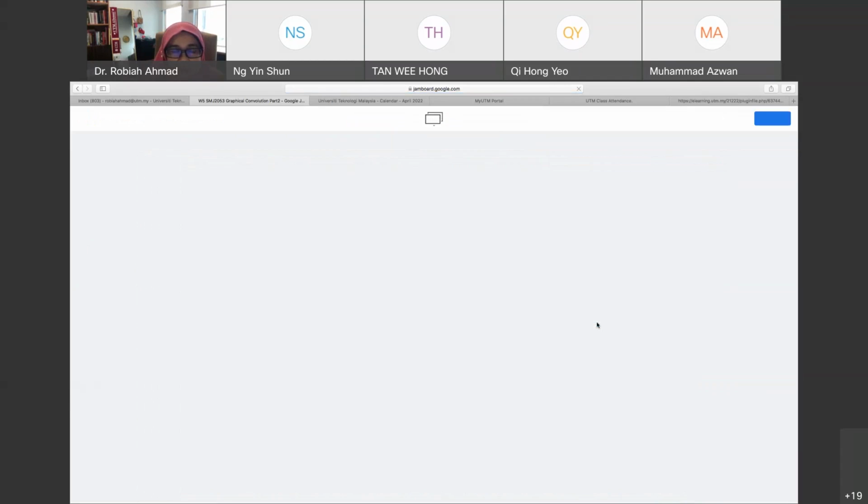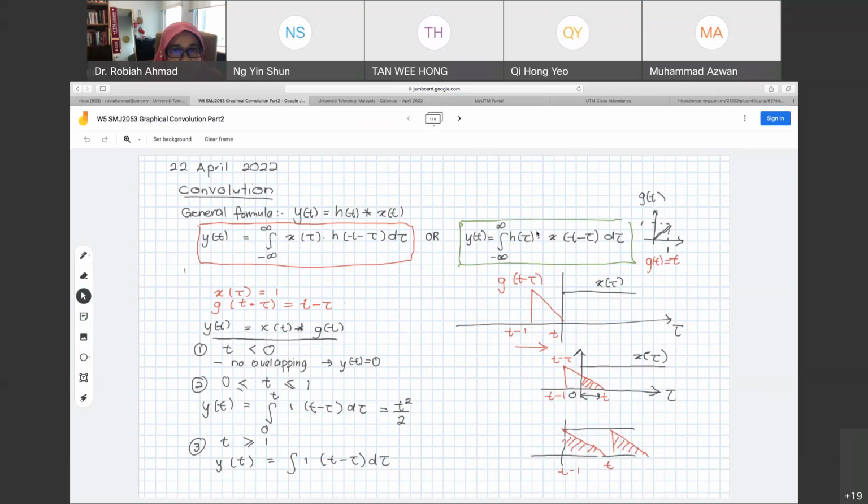Can you still see my screen, class? Okay. So the only difference is the limit. So in this case it will be t to t minus 1. Okay. So the inside here, I highlighted in yellow, is the same as what we did last time in the exercise before, yesterday also the same.